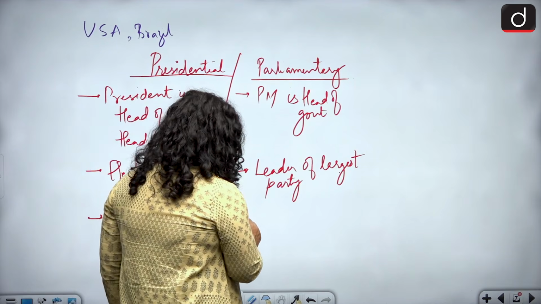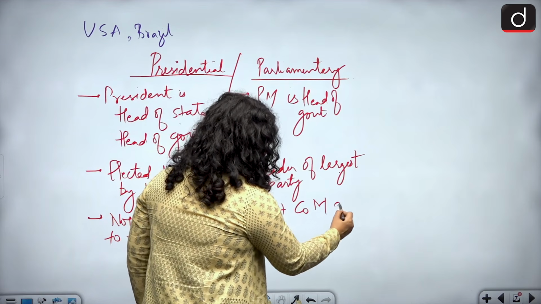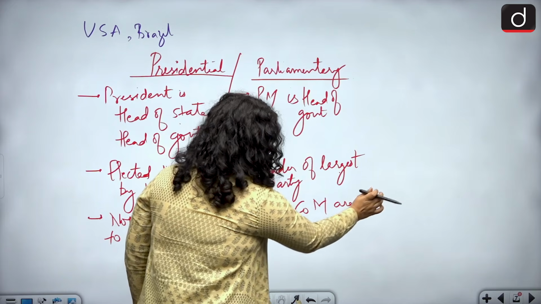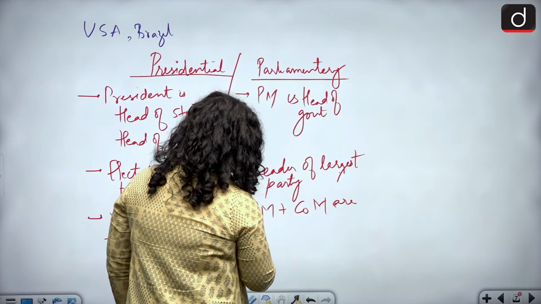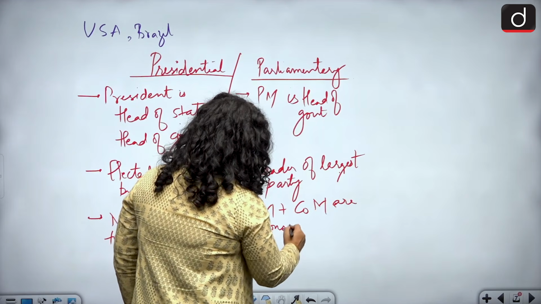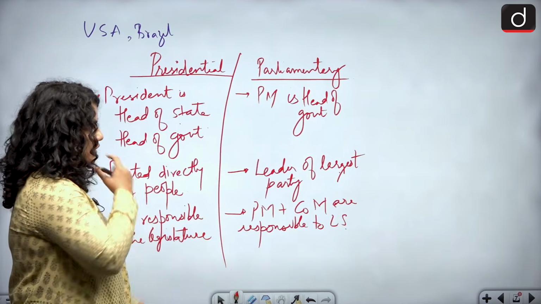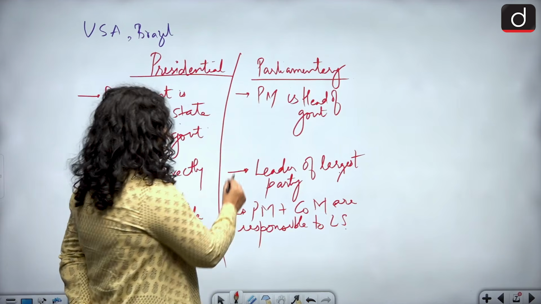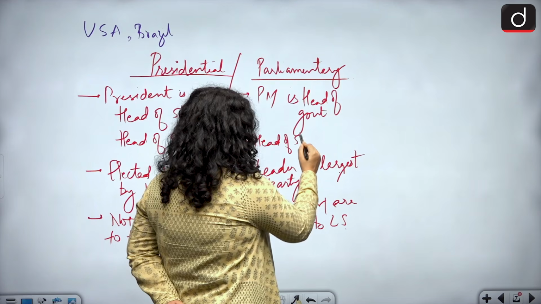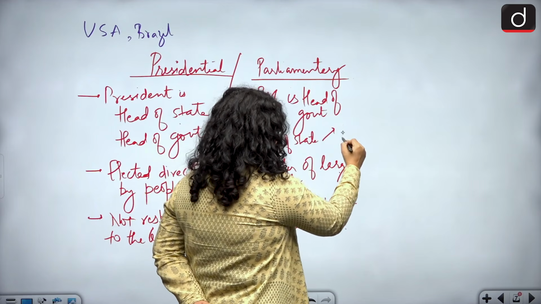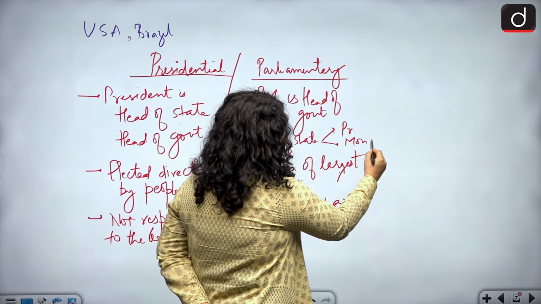So, the prime minister is the leader of the largest party in the parliament. And of course, the prime minister and his council of ministers are responsible to the Lok Sabha. Let's say responsible to the legislature. Now the head of the government is the prime minister, but the head of state could be a president, or it could be a monarch.